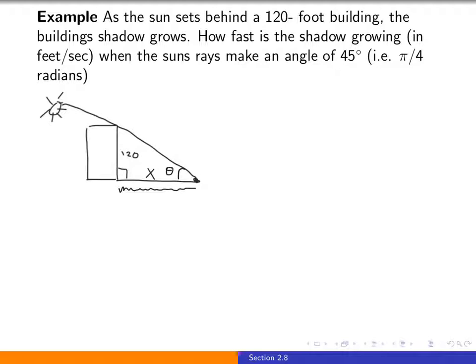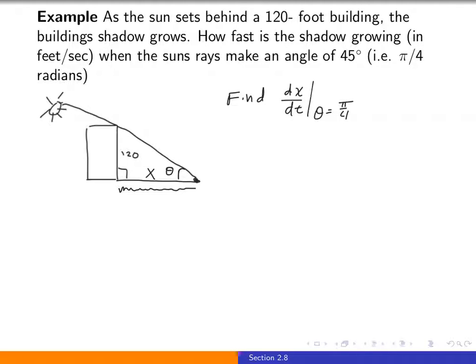So what we know is that it's a 120-foot building, and we want to determine dx/dt when that angle theta is equal to pi over 4.